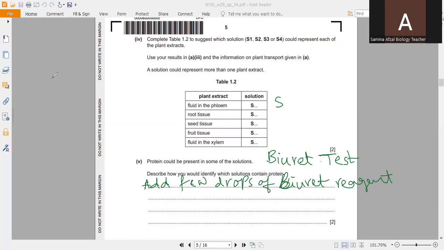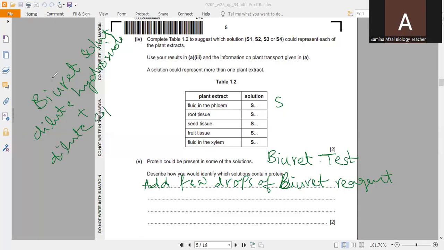Biuret solution is made up of dilute sodium hydroxide plus dilute copper(II) sulfate, copper sulfate.